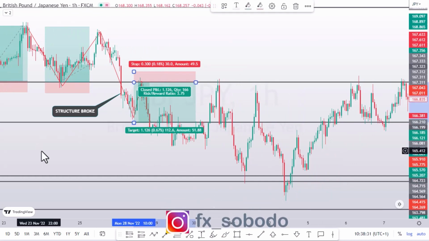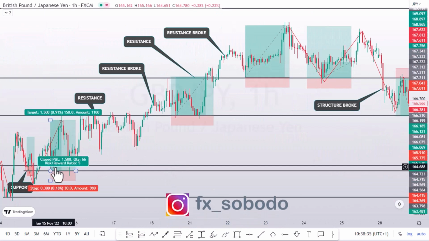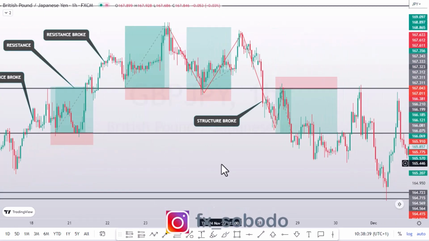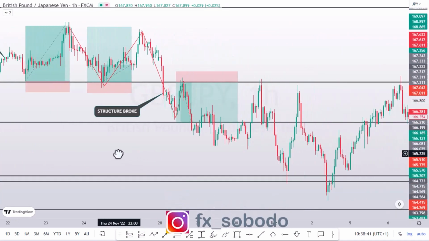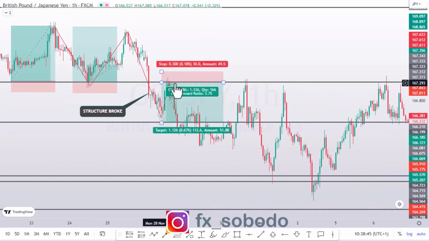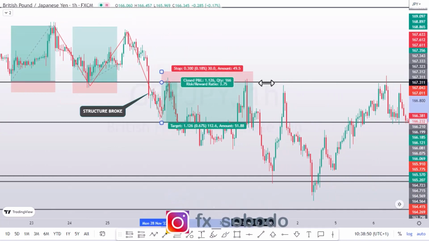If you notice, those previous support and resistance lines we drew, guys, don't delete your analysis. Make sure you leave them. And here you notice what happened. The same scenario appears here, and it just happened.